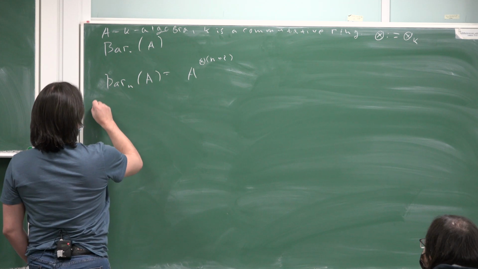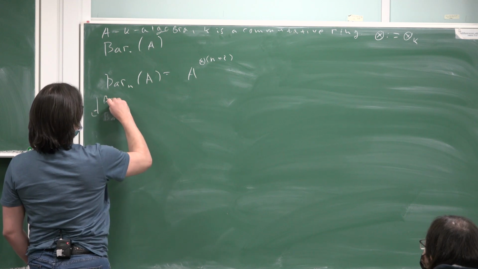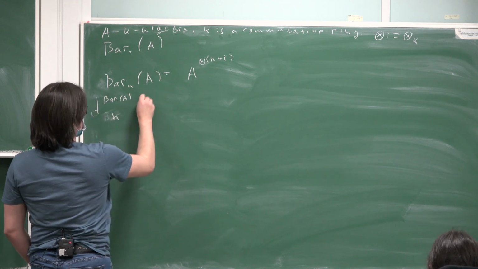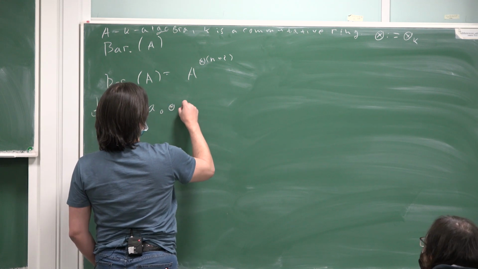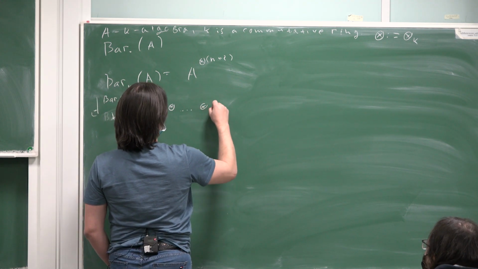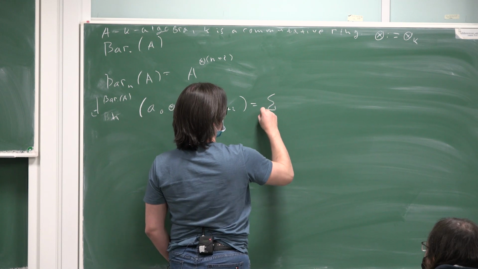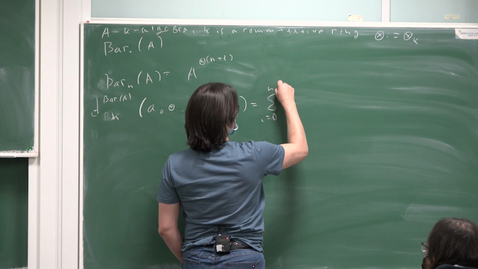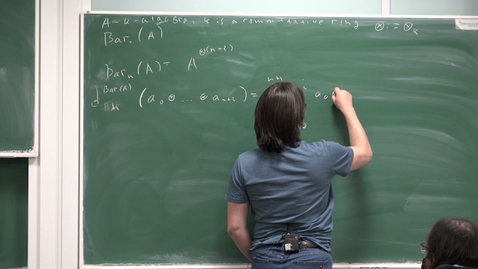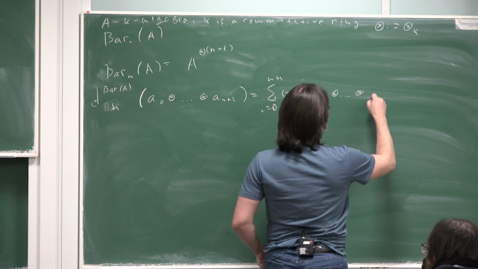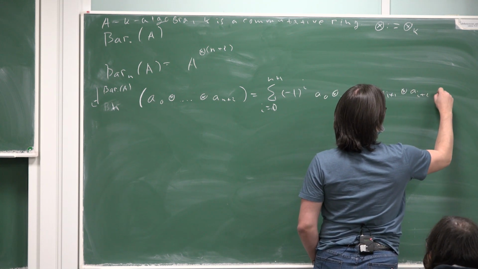And the differential is defined by the equality: if we apply it to a0 tensor a1 and so on tensor a(n+1), we simply get the sum for i from 0 to n+1 of (-1) to the ith power, a0 tensor and so on, where we glue ai and a(i+1), and the rest is the same as before.